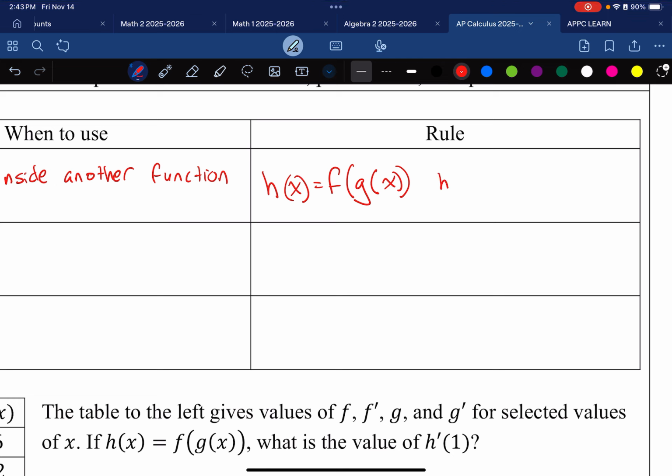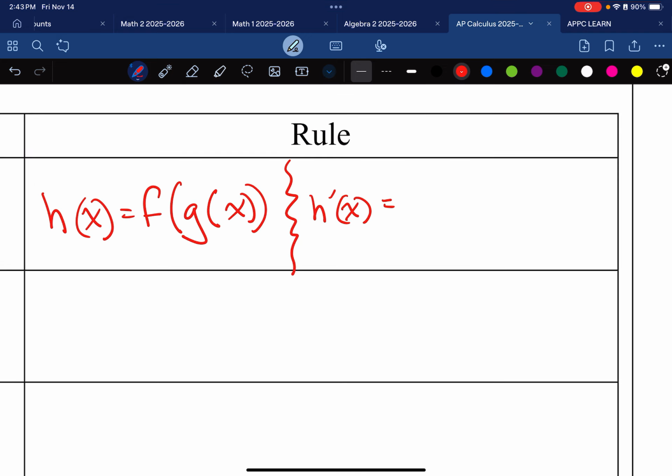Then in order to find h prime, to find the derivative of h, we'll do like a little wavy sign here. That will be the outer times the dinner. So you can say that this is the outer, the derivative of the outer, times the inner, the dinner, the derivative of the inner. So the derivative of the outer is f prime of that outside, and you multiply this by the derivative of the inside, g prime of the inside.